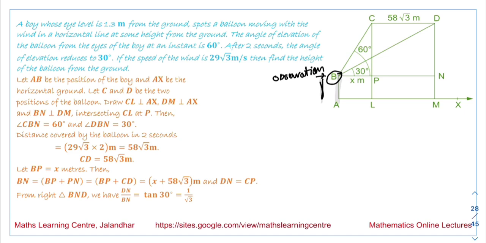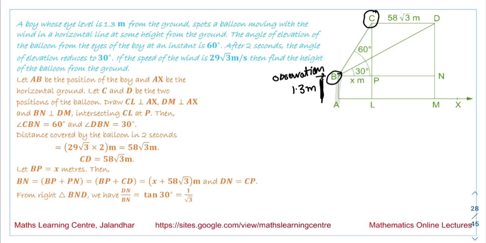The height of this boy is given to be 1.5 meters, and he spots the balloon at these points. The angle of elevation of the balloon from the eye of the boy at any instant is 60 degrees. At some time t, the angle of elevation of the balloon is 60 degrees, and after 2 seconds the angle of elevation reduces to 30 degrees.